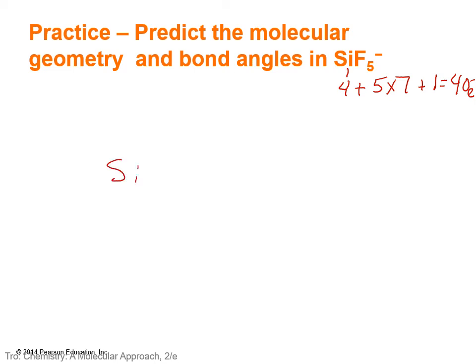So silicon, we're going to draw the fluorine around it. We know that there has to be at least 1 bond. So that uses 10 electrons to draw our bonds, 2 electrons in each bond.